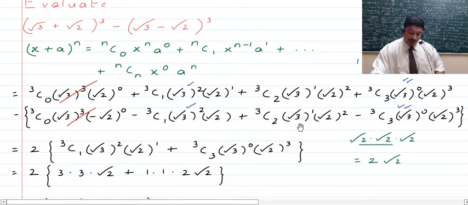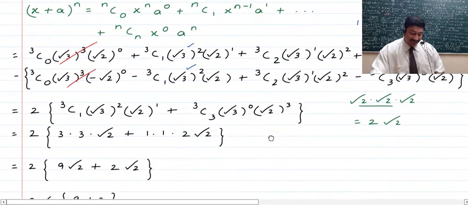So both of these will cancel each other, right? As such, now minus into minus is plus, this term with this term which are identical will be left, that is 3c3 times root 3 raised to the power 0 times root 2 raised to the power 3, right?